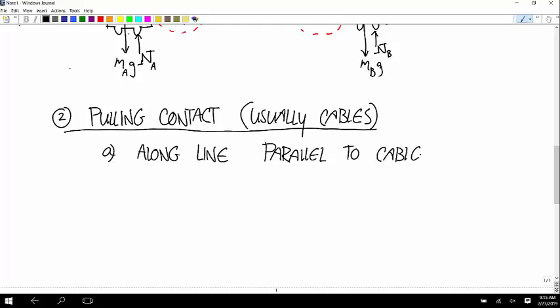What if there's no cable? Well, pulling contact, you can always imagine replacing whatever contact it is with a cable. And so it's the direction that that cable would be, parallel to the angle that that cable would be at. And second, away from the chosen body.